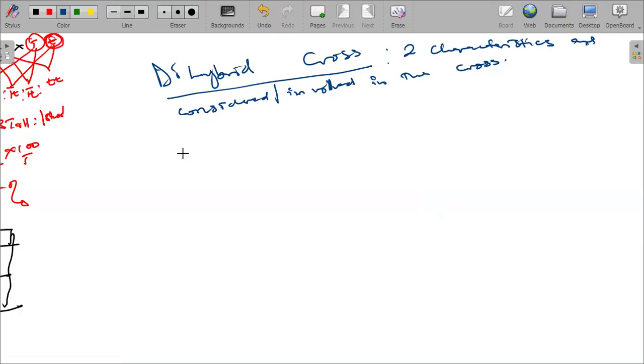So we have our plants, green and round seeds, crossed with what? With yellow and wrinkled.